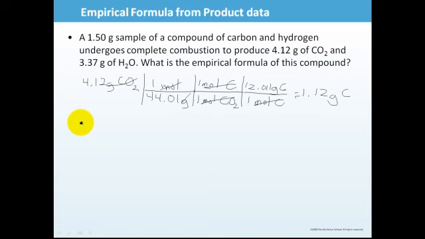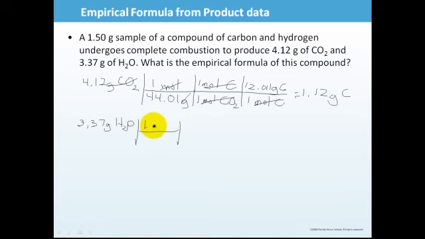Alright, now we're going to have to do the same thing with the 3.37 grams of water. Alright, so again, the first step is the molar mass of the water.